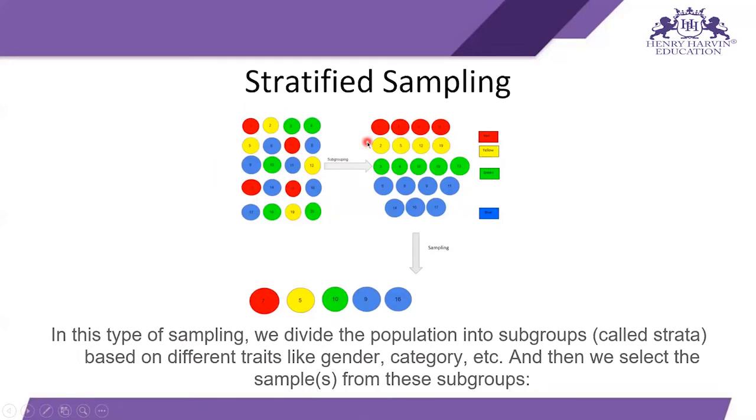So what I do first is organize all the data points according to their color. Let's say this color is some trait. If we have a population data set, then I can make groups according to their gender or according to their age groups, like adult, small, or old age.